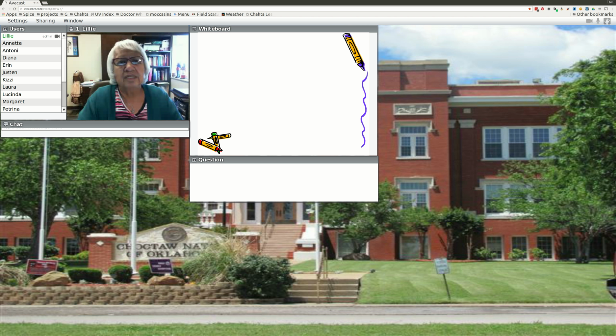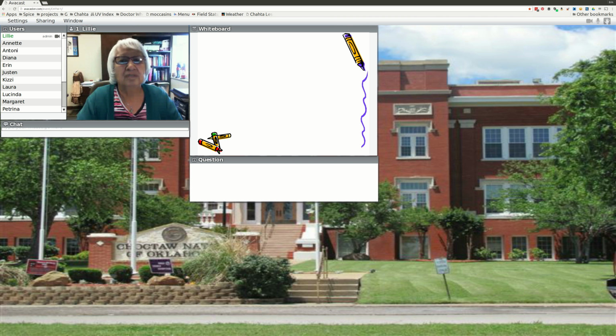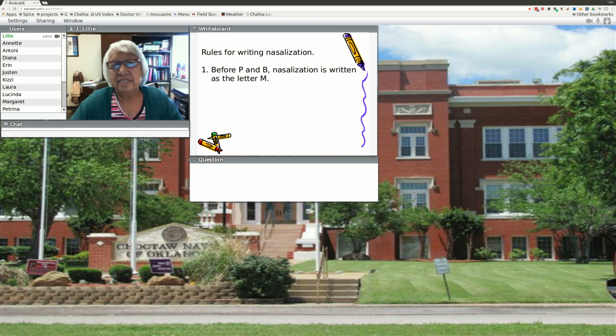Before P and B, nasalization is written as the letter M.